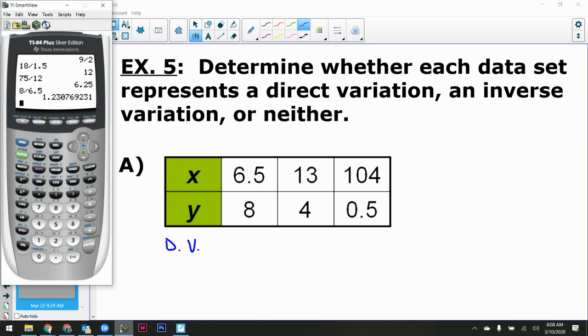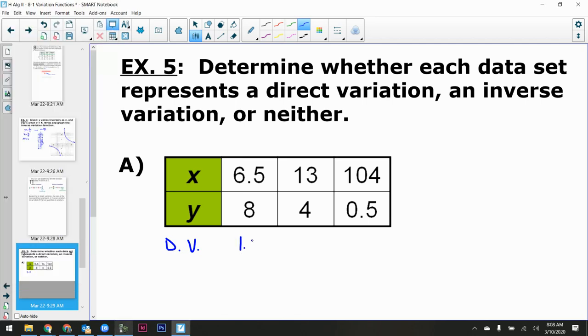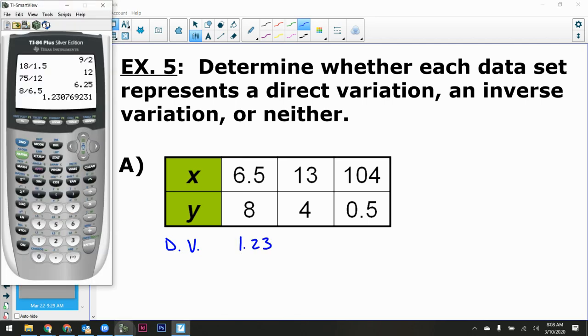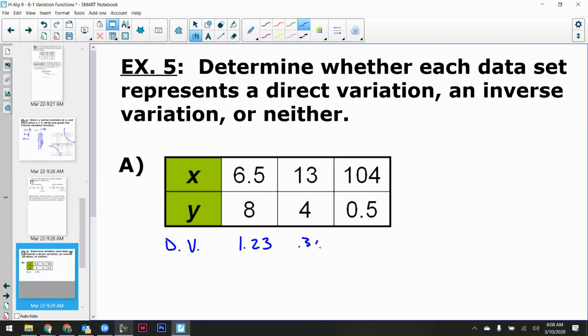It gives me something weird, 1.23. I've got 4 divided by 13. Something weirder. Okay, do I even need to check the last one? Not a direct variation. I wonder if this is going to be inverse. It might not be either.